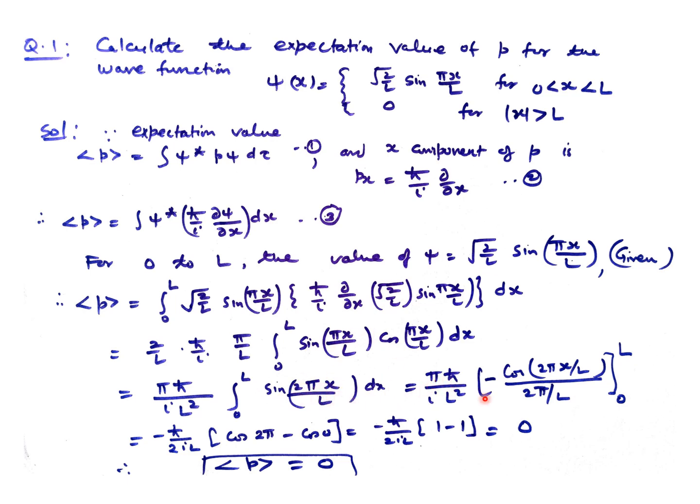We integrate this function sin, so minus cos of 2 pi x by L, which will give 2 pi by L. If we put the limits, finally we get cos 2 pi minus cos 0, and cos 2 pi is 1 and cos 0 is 1, so 1 minus 1 is 0. So the expectation value of P equals 0.